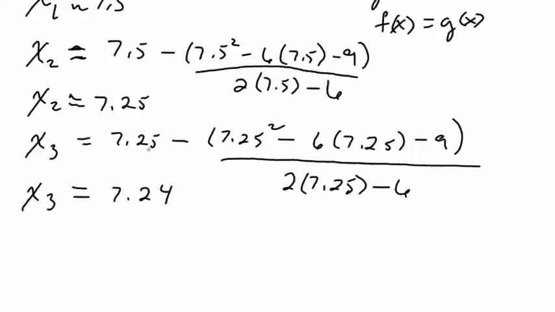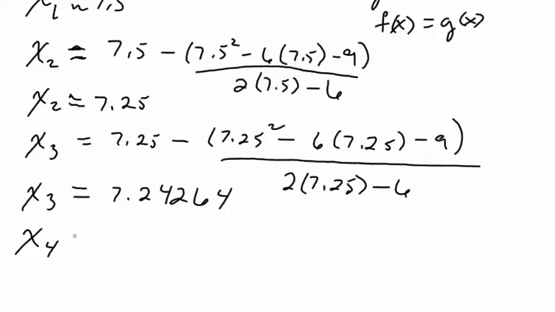So we're getting close here. Let's see, 7.24266. 7.24264. You know, you look at this, what do these differ by? Is it less than 0.001? Doesn't look like it. So now we do x of 4.